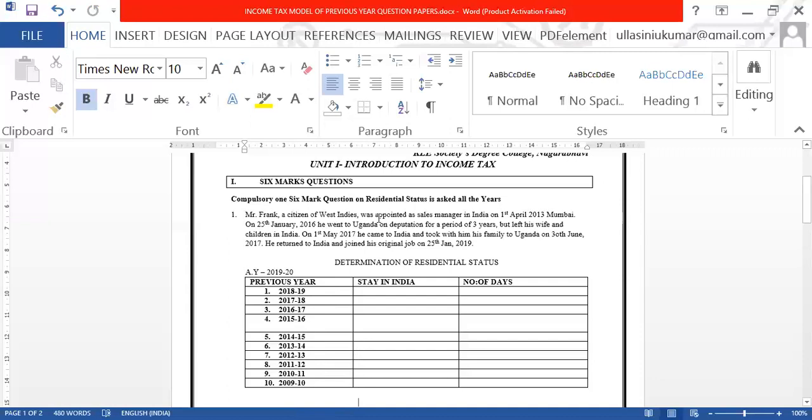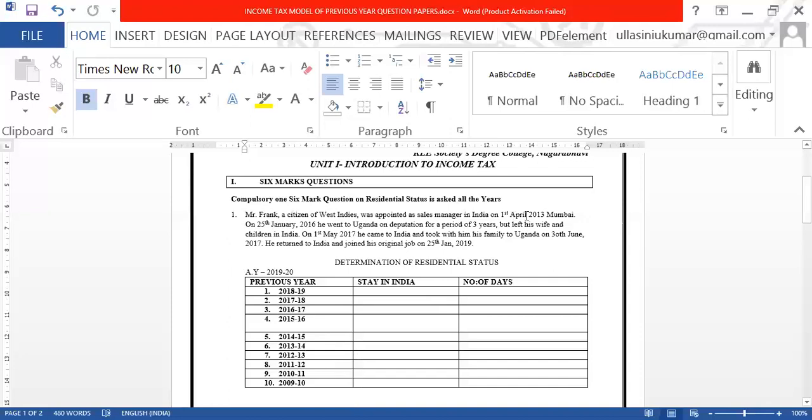Going back to the question to check what has been his stay, Mr. Frank came to India on 1st April 2013. We know a year begins on 1st April and ends on 31st March of the coming year. So for the year 2013, he had come to India at the beginning of the year, so it comes in 2013-14.